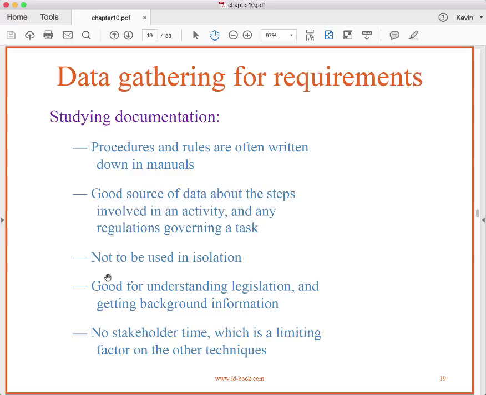We might want to study documentation, okay? So we might have user procedures. We might have all kinds of documents that we might find in the workplace that describe current systems, current business practices, procedures, standards, any of those kinds of things.